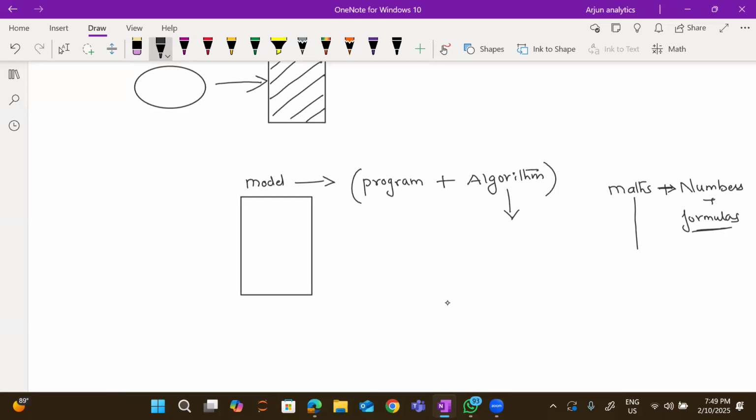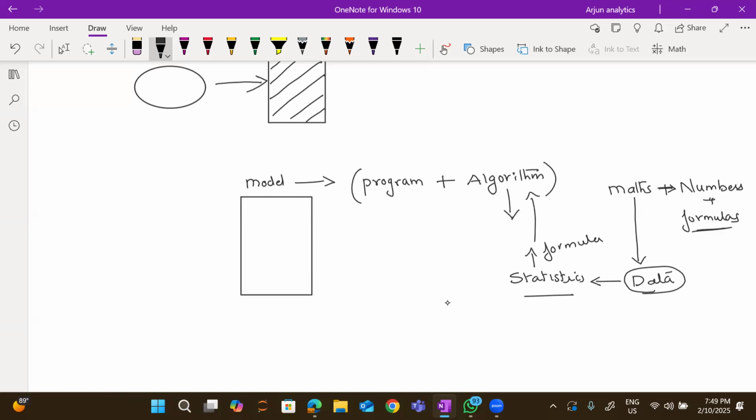Now, maths has its own branch which deals with the data. This branch is nothing but statistics, and this branch has some formula. This formula is nothing but your algorithm.